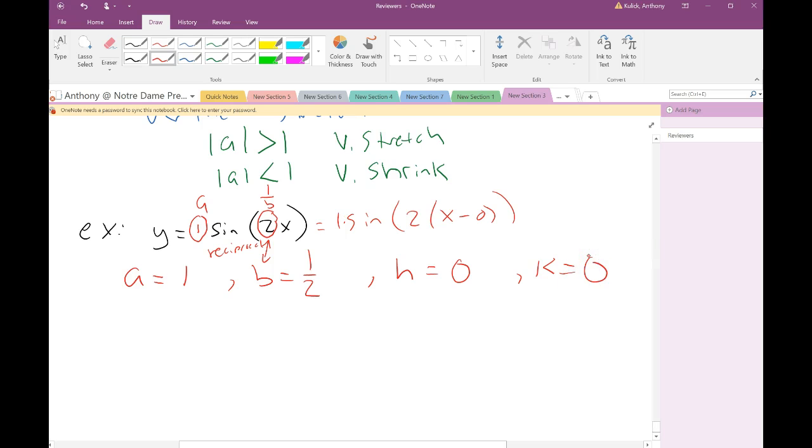So now that I have this, what do I do with all this information? I use it to write this map. And again, what is this map? It's bx plus h, and then ay plus k.